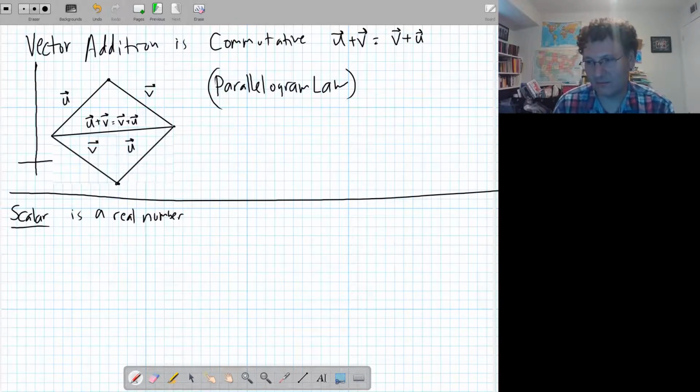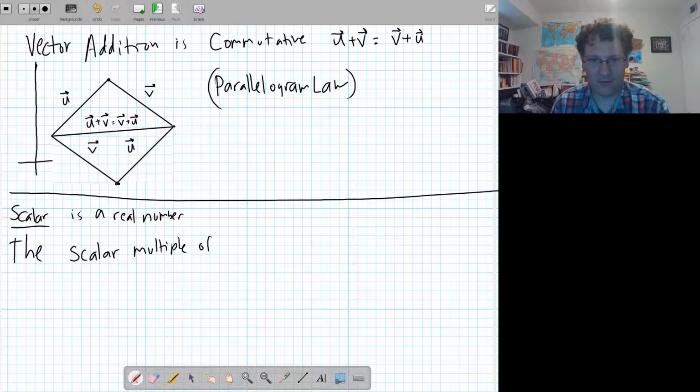The scalar multiple of vector v: let's say c is a scalar. We're going to use the lowercase c.